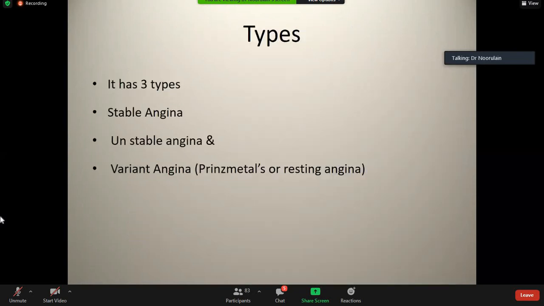It has three types: stable angina, unstable angina, and variant angina. People with stable angina have episodes of chest pain that are usually predictable, occurring on exertion, after exercise, after walking, after running, or due to mental or emotional stress.